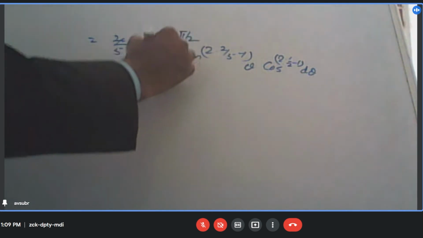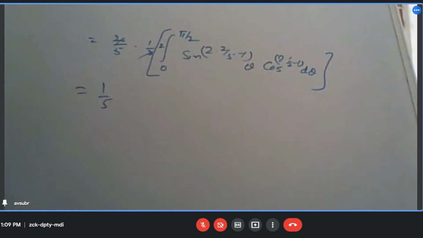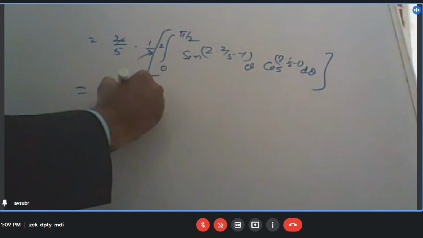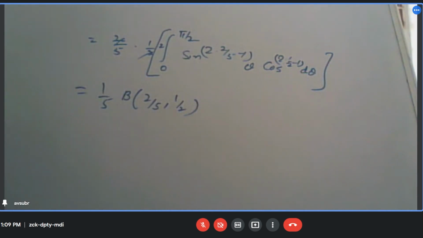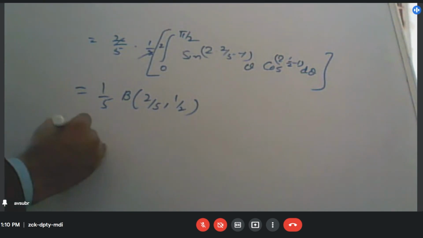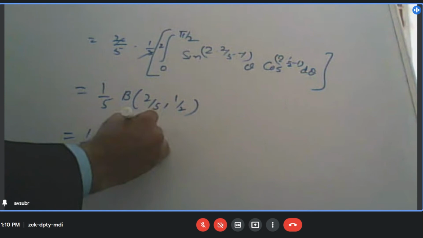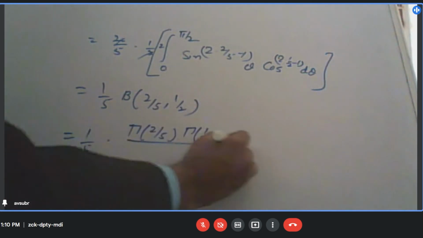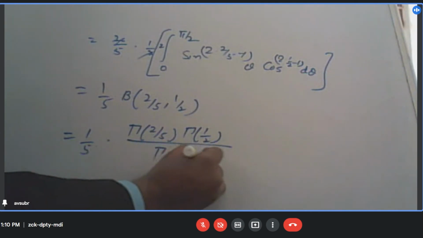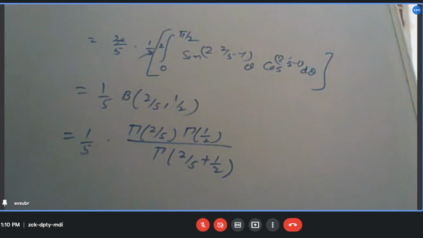And this whole thing can be written as a beta function, so that beta function is beta with m as 2 by 5 and n as 1 by 2. Any issue with this? No, sir. Now 1 by 5 times this I can also write as gamma 2 by 5 into gamma 1 by 2 by gamma 2 by 5 plus 1 by 2. Okay? Can I write it like this? Yes, sir.